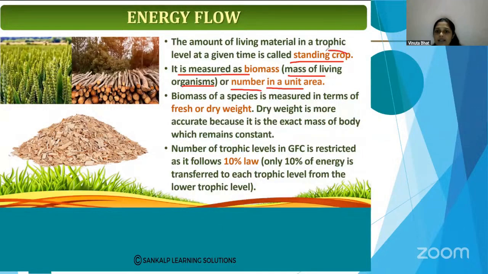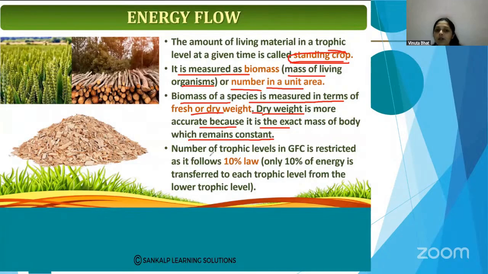Biomass of a species is measured in terms of fresh or dry weight. The dry weight is more accurate because it is the exact mass of the body, which remains constant. So biomass can be measured by dry weight and wet weight, but dry is the correct form.